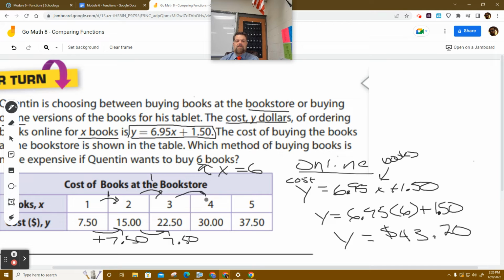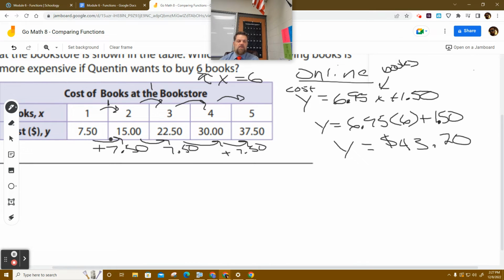And that happens through the whole thing. Now, do you remember what type of linear equation that was? In other words, the ratio is always going to be 7.50 to 1 compared to the next ratio, which would be, well, 7.50 to 1.